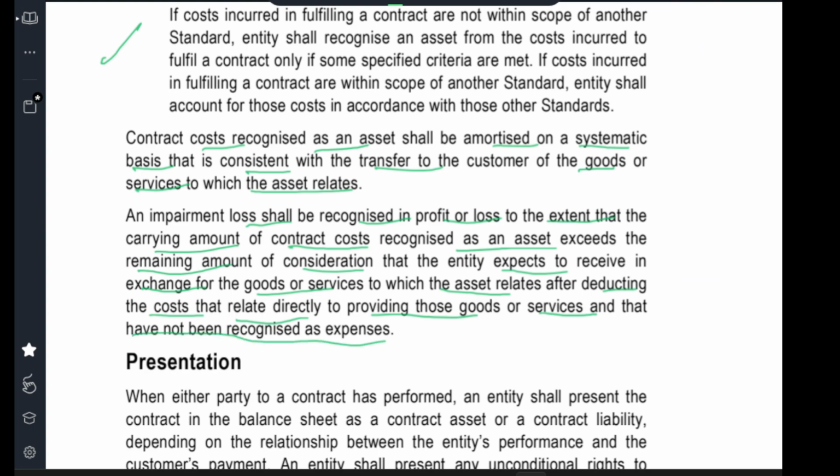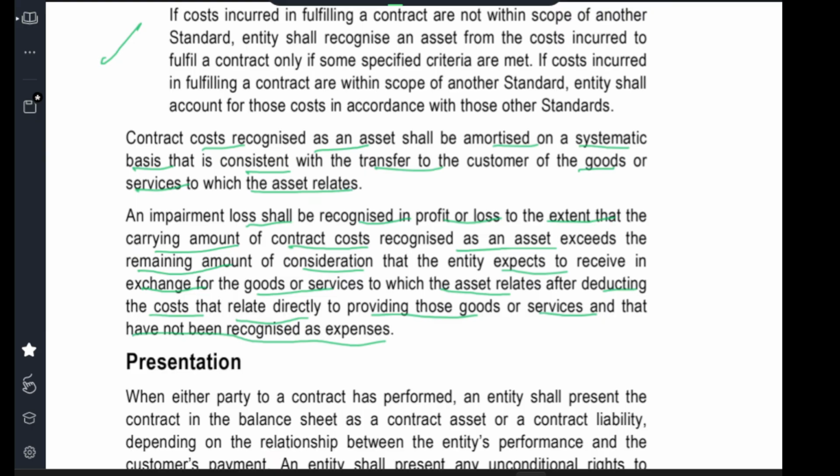Sometimes the contract price will be 1 crore, but I have incurred 1 crore and 20,000 rupees. I have received the total amount. The 20,000 is receivable in the account. I can say receivable because my obligation is completed and they have settled the contract price. But I have incurred 20,000 rupees in excess, so that amount is my loss, to be recognized in the profit and loss account.